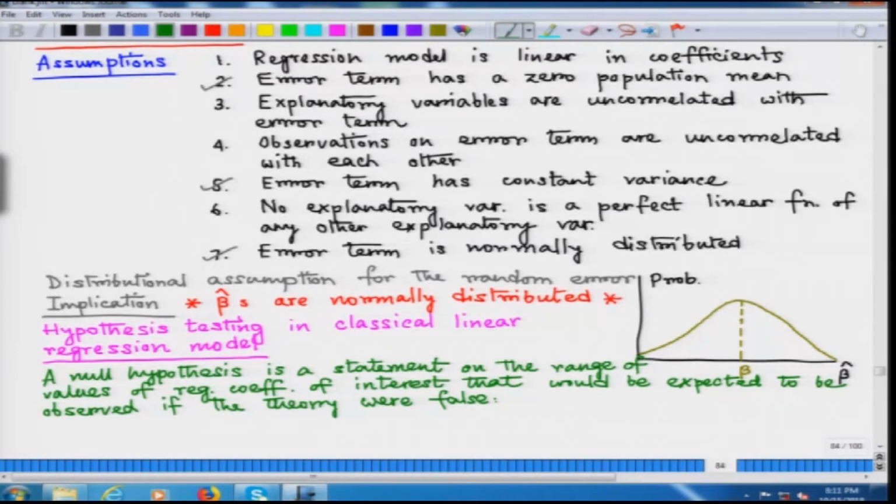Right. So, basically the word null means 0 as well. Null hypothesis can also be thought of as the hypothesis that the researcher does not believe in.